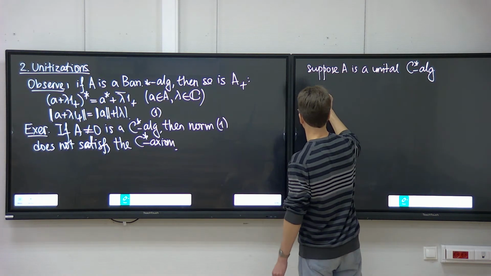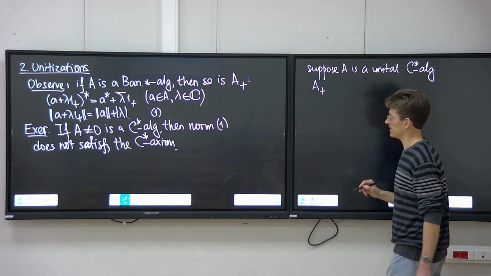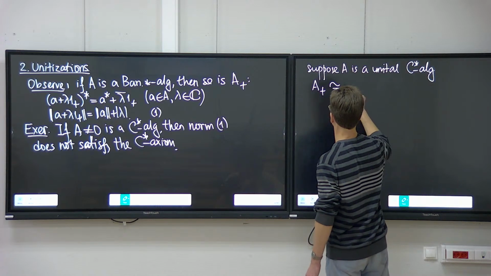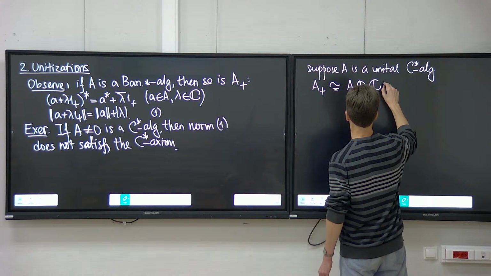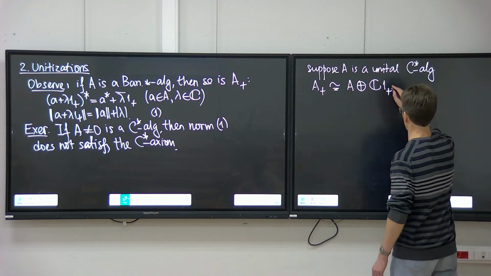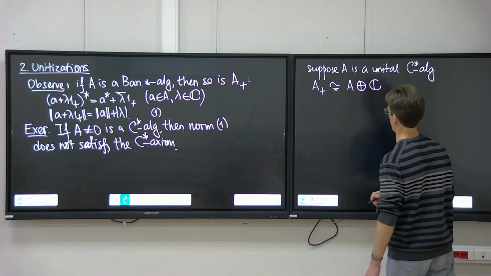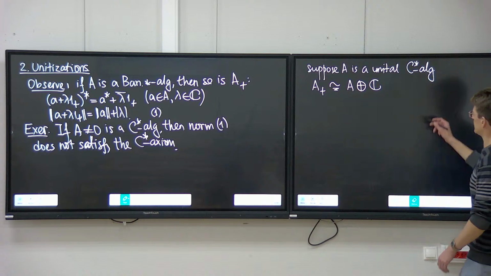So we know that in this case, A plus is isomorphic as an algebra to the direct sum of A and the one-dimensional ideal spanned by a certain element. Let's recall what this isomorphism looks like.